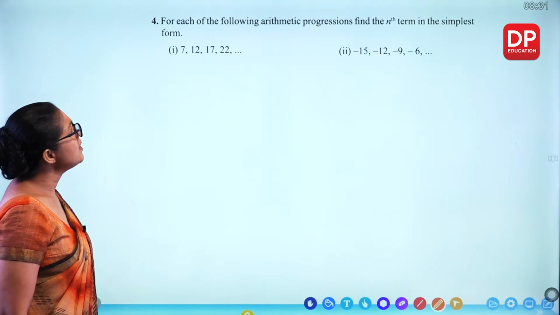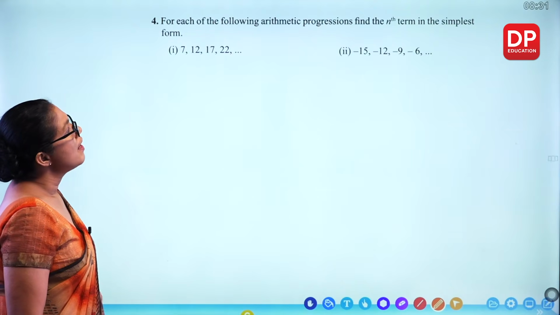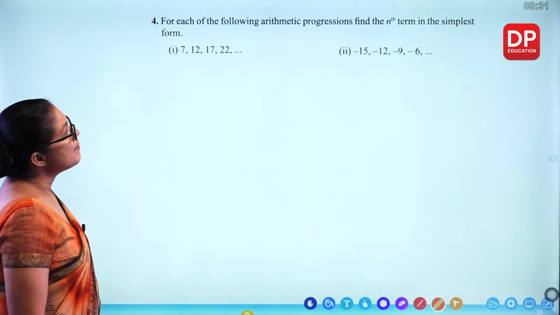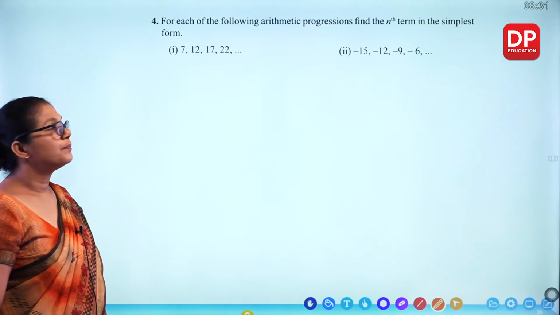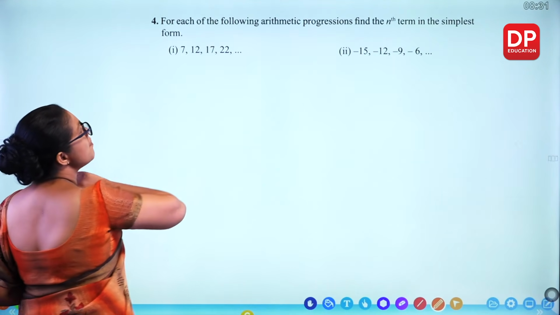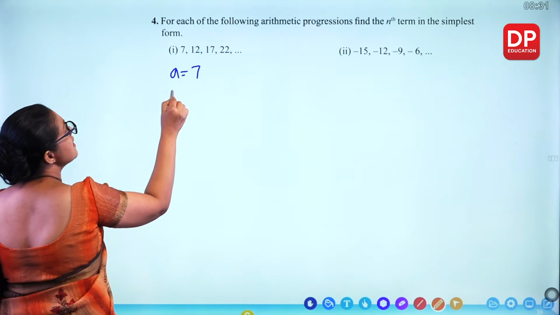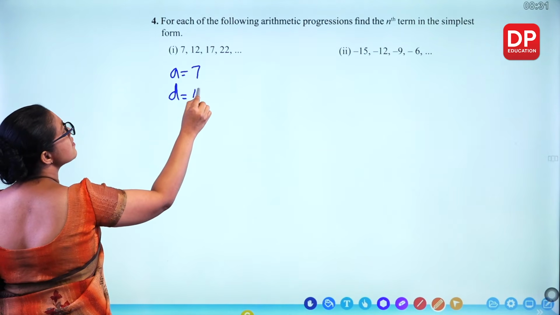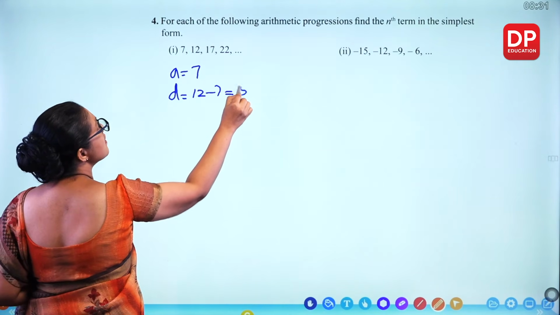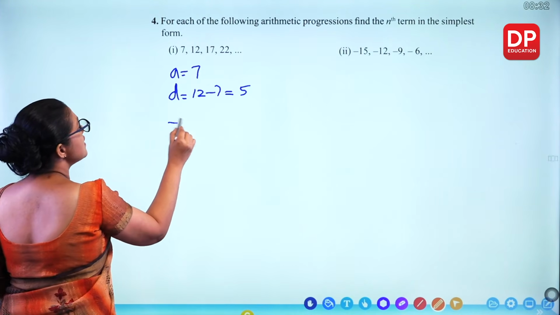Take fourth question. Find each of the following arithmetic progressions. Find the nth term in the simplest form. So we'll try to find out. From the given information, you can find A and D. What's the common difference? 12 minus 7. Now you can plug it to the nth term formula.